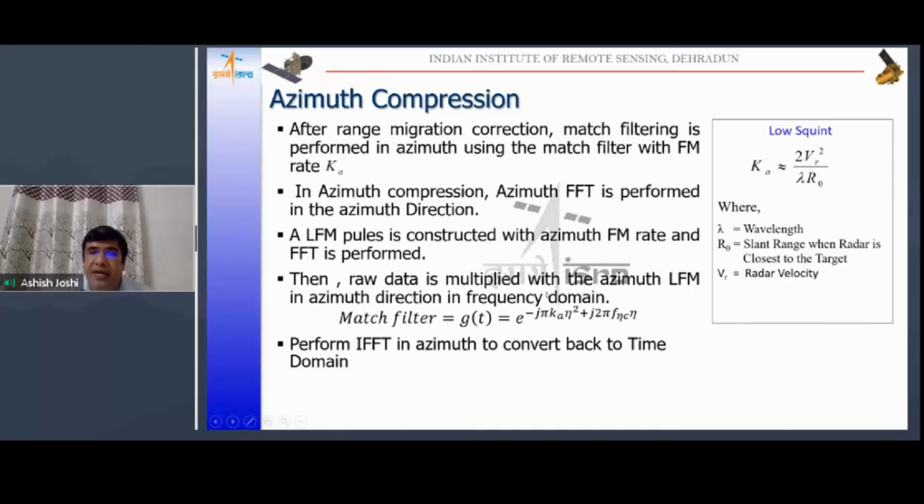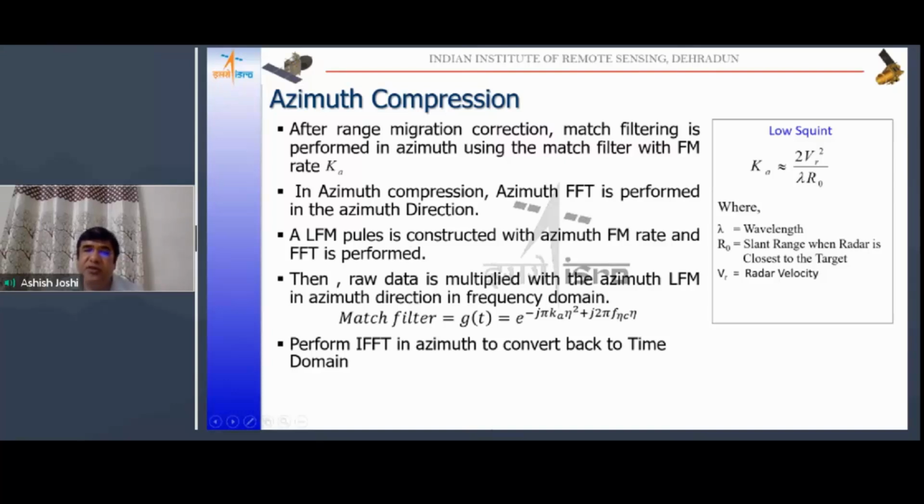Then the data is multiplied with the azimuth LFM in the frequency domain. Then again we have to do the inverse FFT. So in the frequency domain in the azimuth direction, we make one matched filter and do the matched filtering, meaning we multiply the complex conjugate with the data, and the formulation is given by this one.